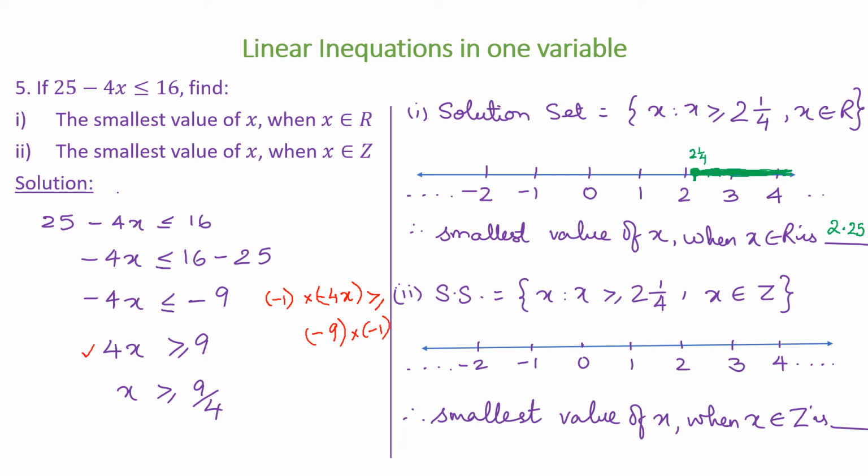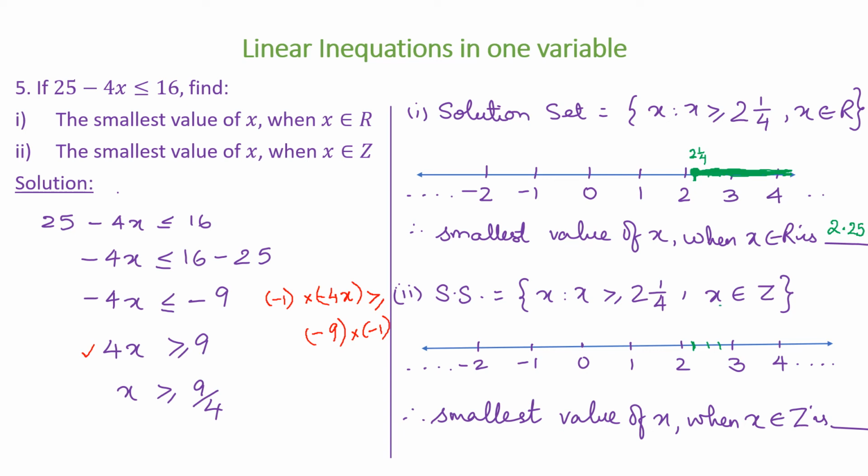But when x belongs to the set of integers, I am going to take 1, 2, 3, 4. That is, I have divided it into 4 parts. And x has to be greater than 2 1/4.